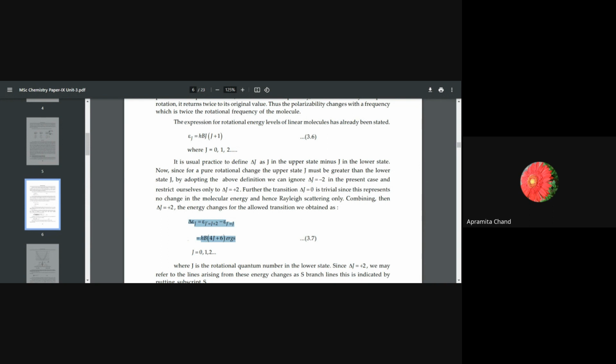Have you got the answer? In 3.6, you just have to substitute J plus 2 in place of J in the first term, and subtract this particular term from the first term. Just try once and then we will proceed.